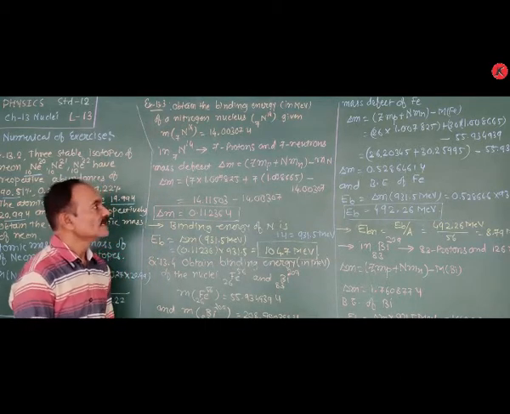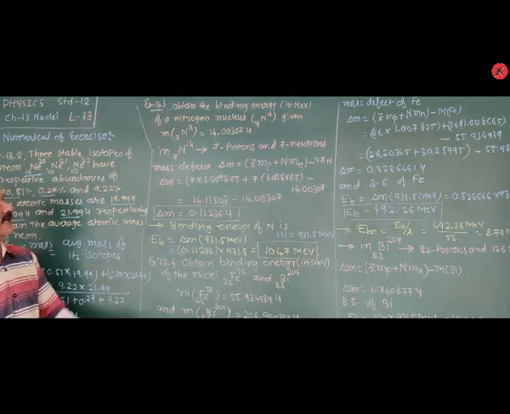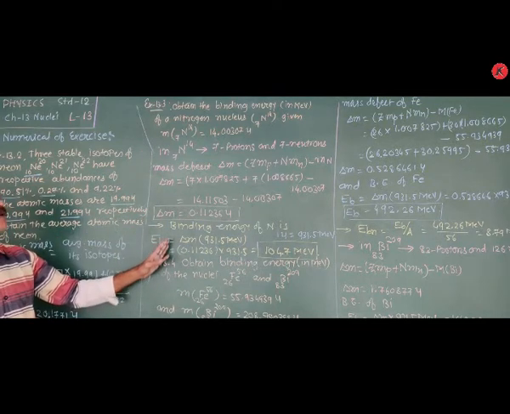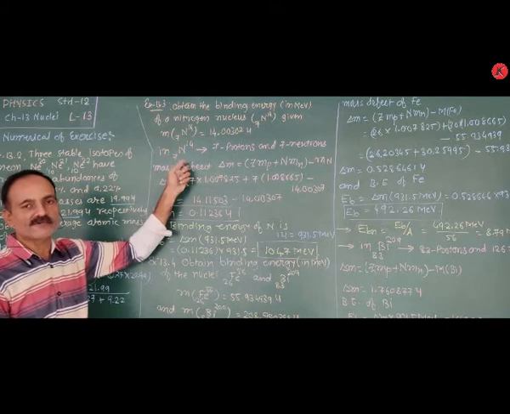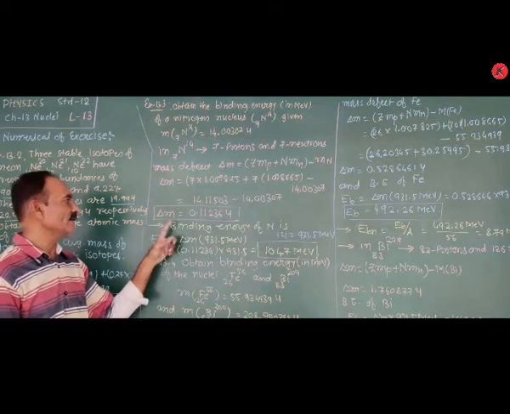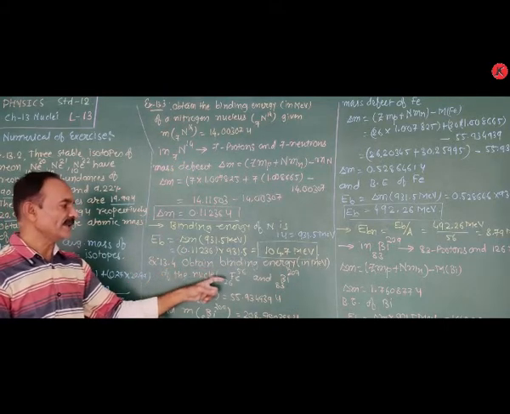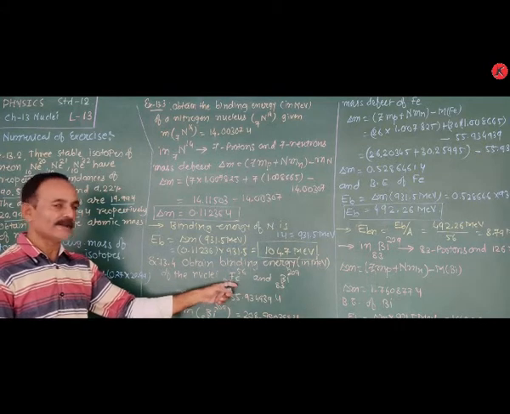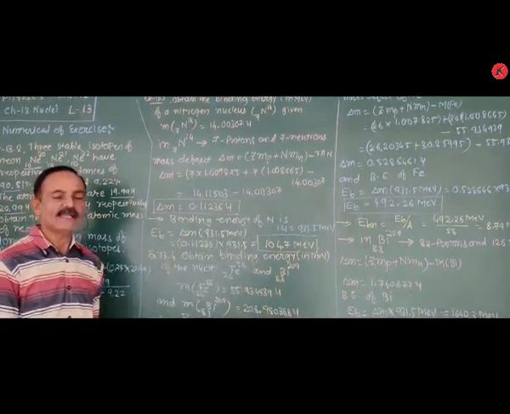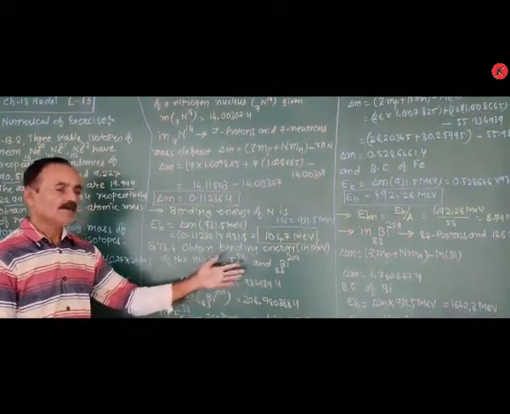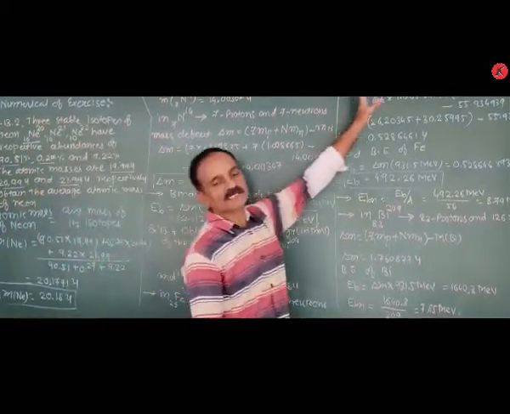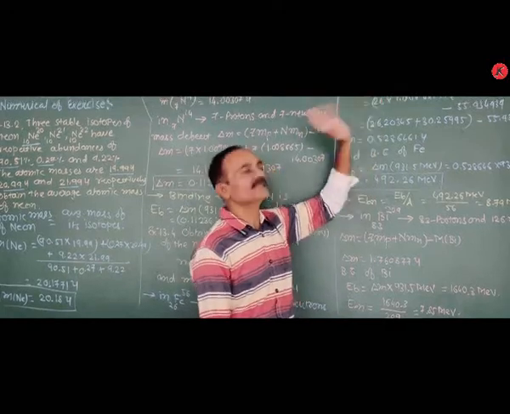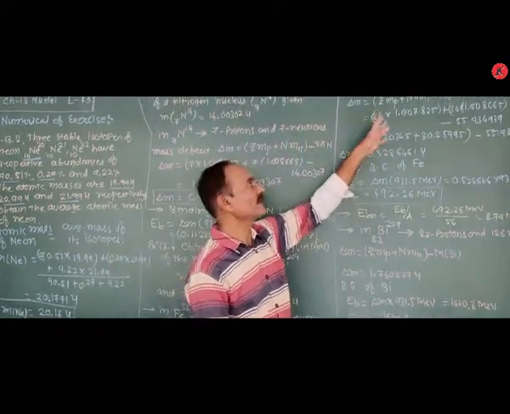Right? So here the same numerical 13.3 and 13.4. In 13.3 we find out the binding energy for nitrogen. Now in 13.4, first we find out the binding energy of Fe and then the binding energy for bismuth. The same method: first we have to calculate the mass defect of Fe.